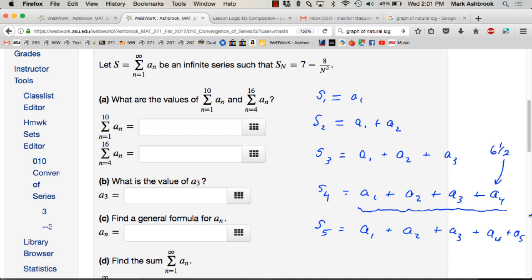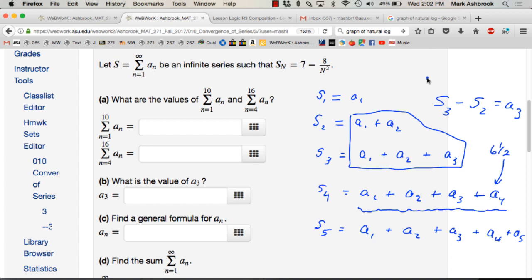Okay? So if it's asking for A3, how can we get A3? Looking at what these are, what could help us get A3? Well, S3 would be these 3 summed up, and S2 is these 2 summed up. So how can that help us get A3? Subtract, right? If you took S3 minus S2, that would be A3, just by thinking about what those things mean.